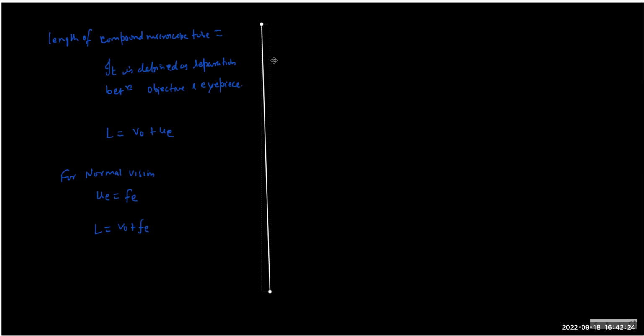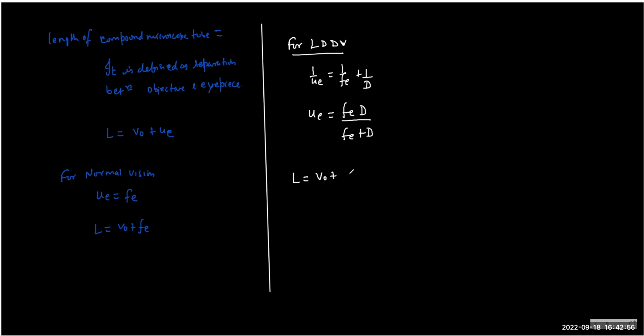And for LDDV, we know 1 by UE is 1 by FE plus 1 by D. So UE is actually FE D by FE plus D. I hope this is clear. Shall I explain further? This I have derived already, so you can write the length of the compound microscope as V naught plus FE D by FE plus D.